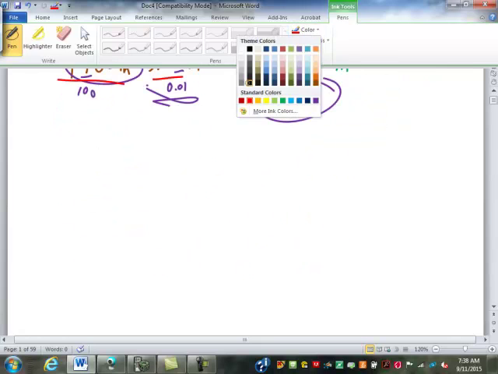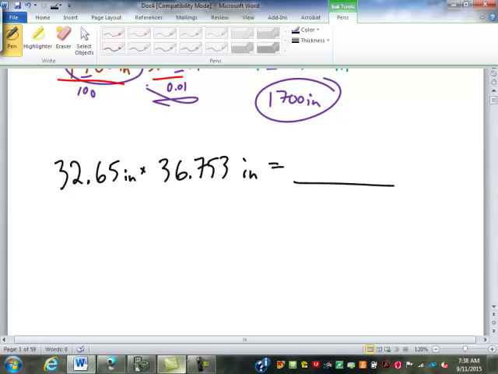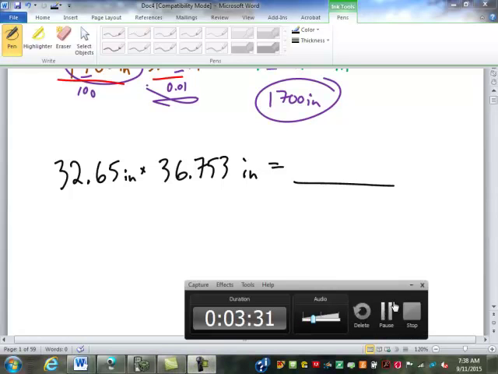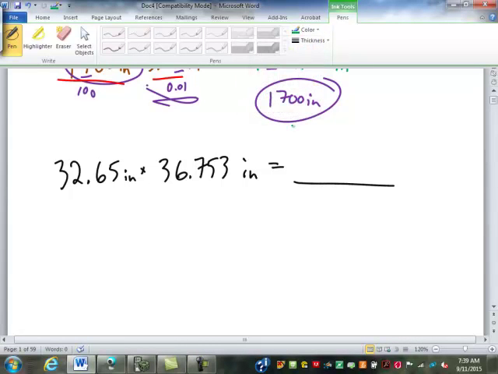Let's look at another one that's kind of weird. 32.65 inches times 36.753 inches. See if you can get that one rounded off to the right number of decimal places. So here, when you multiply those, what do you get?